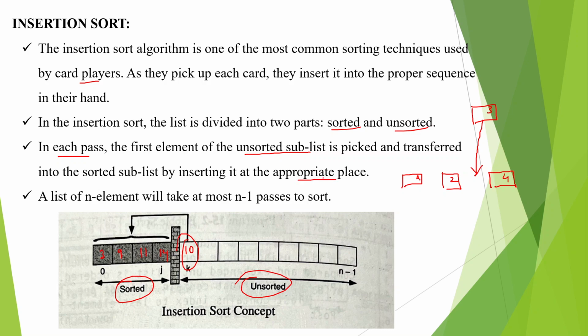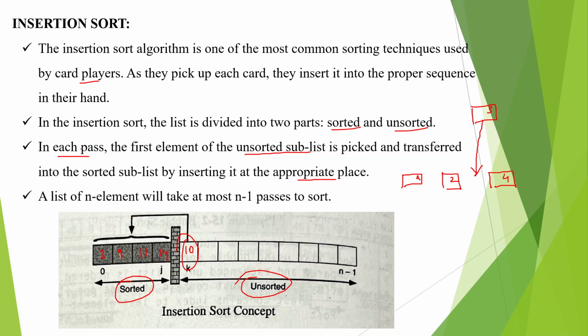We identify the appropriate place where to put that picked element from the unsorted list, and we put that item into its appropriate place. Likewise, we perform the sorting in insertion sort, because every time we are picking an element from the unsorted list and inserting it into the sorted list. That's the reason we got the name insertion sort.